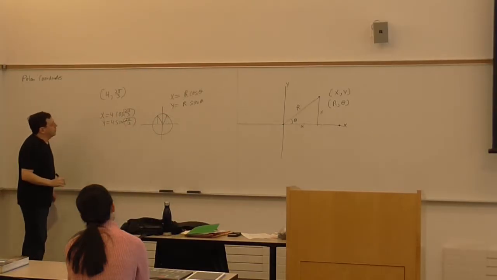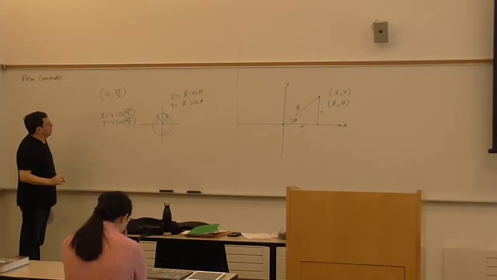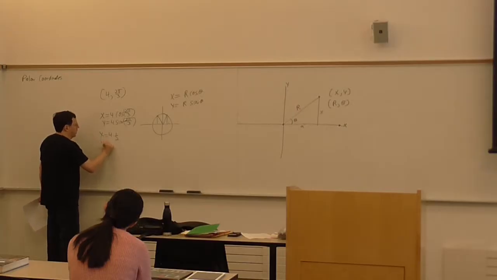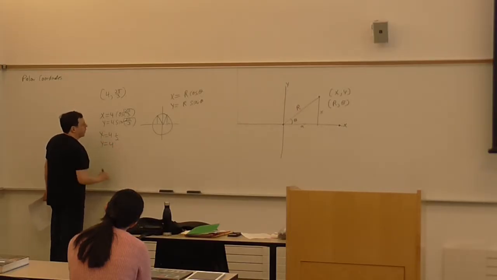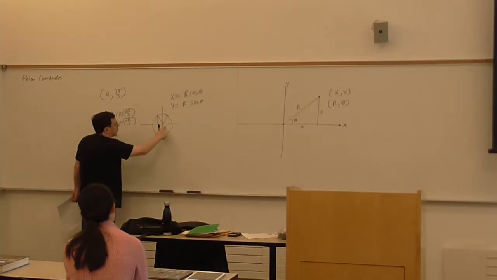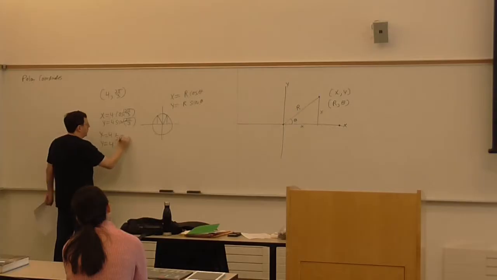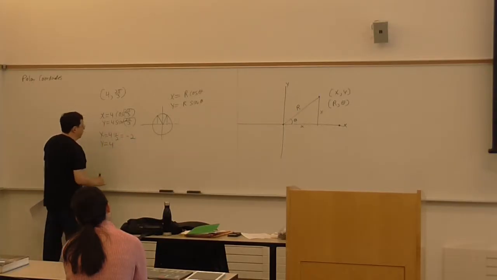Okay, so the cosine of 60 degrees, that's going to be a half. So 4 times a half. Wait a minute though, cosine over here is going to be negative, so negative a half. So x is going to be negative 2.